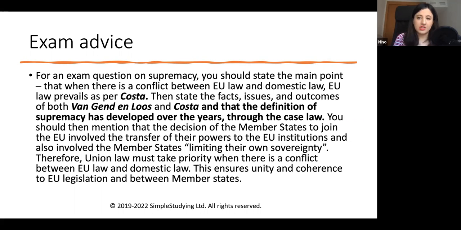Then state the facts, issues, and outcomes if relevant. Most of the time universities tell you that you shouldn't mention the facts of the case.